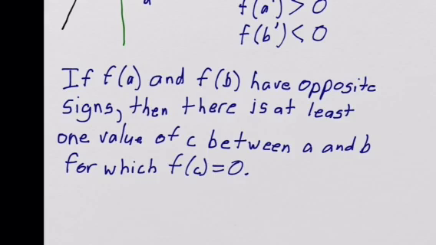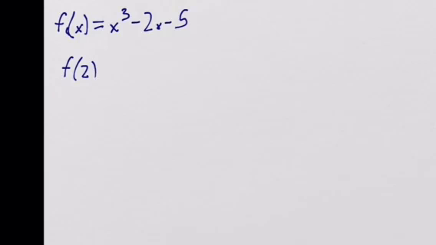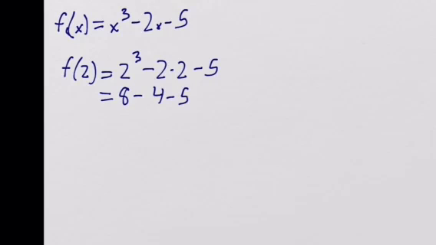So for example, if we're given the function f of x equals x cubed minus 2x minus 5, I can note that f of 2 is equal to 2 cubed minus 2 times 2 minus 5, or 8 minus 4 minus 5, which is equal to negative 1.